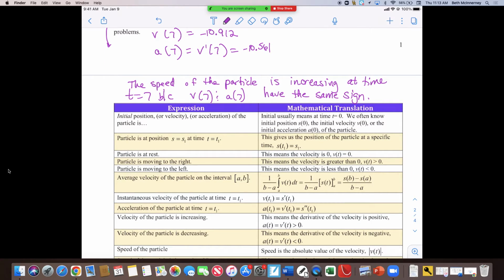All right, if you scroll, I have a bunch of things that we have really done before. I think there's really only one or two things that might be new on here. Initial position usually means at time t equals 0. We often know initial position, s of 0, initial velocity, v of 0, or the initial acceleration, a of 0.